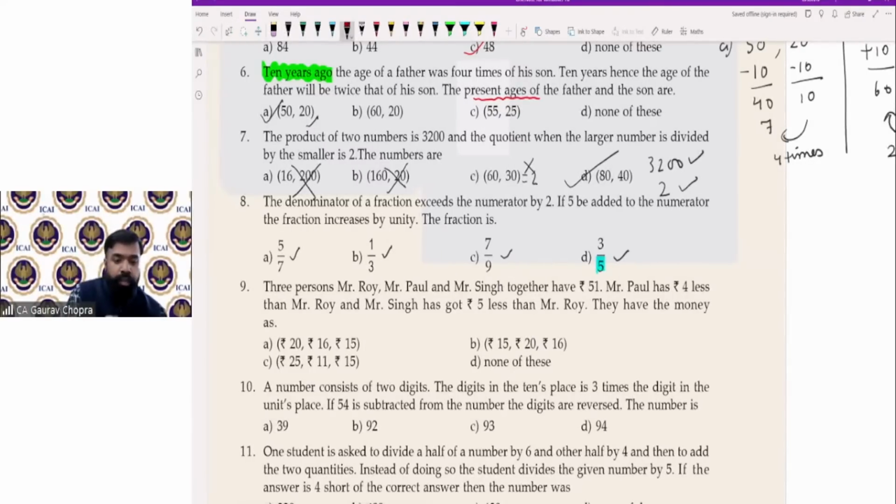So you can verify. 3 by 5 at present it is 0.6.